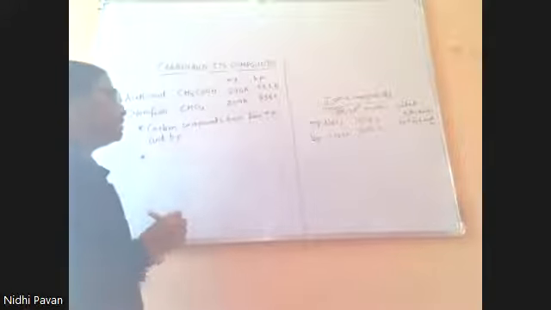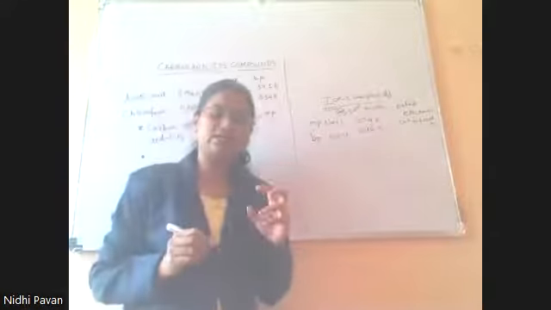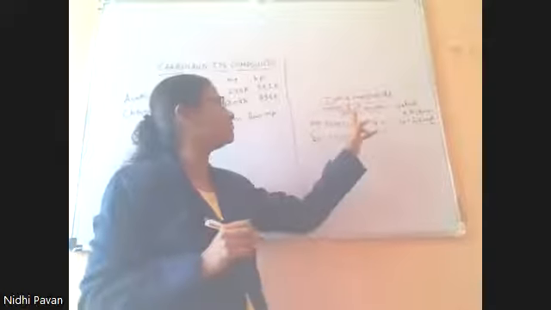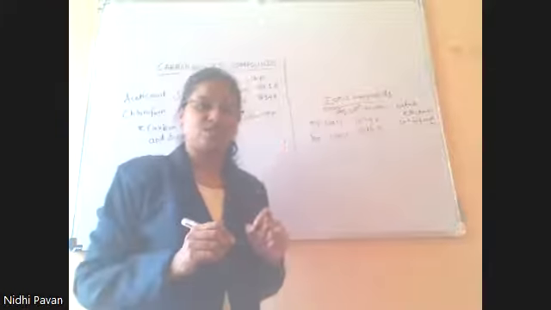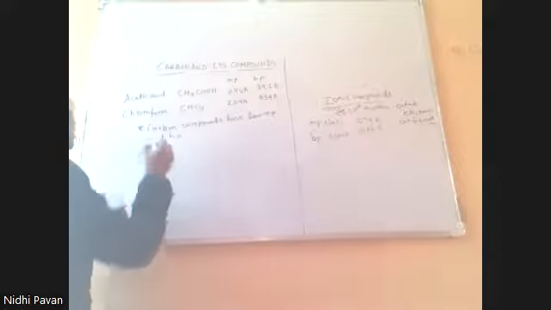Okay. Similarly, we know that ionic compounds are good conductors of electricity in aqueous solution or in the molten state. But usually carbon compounds are poor conductors of electricity.